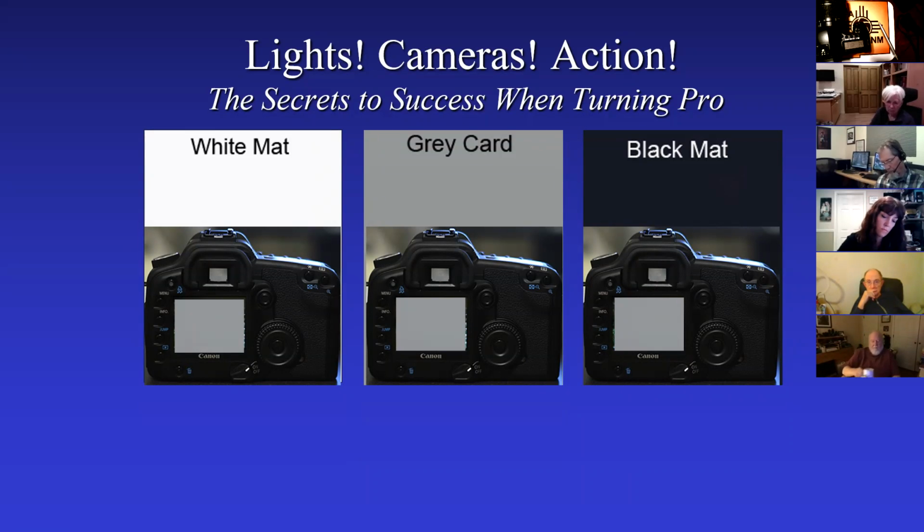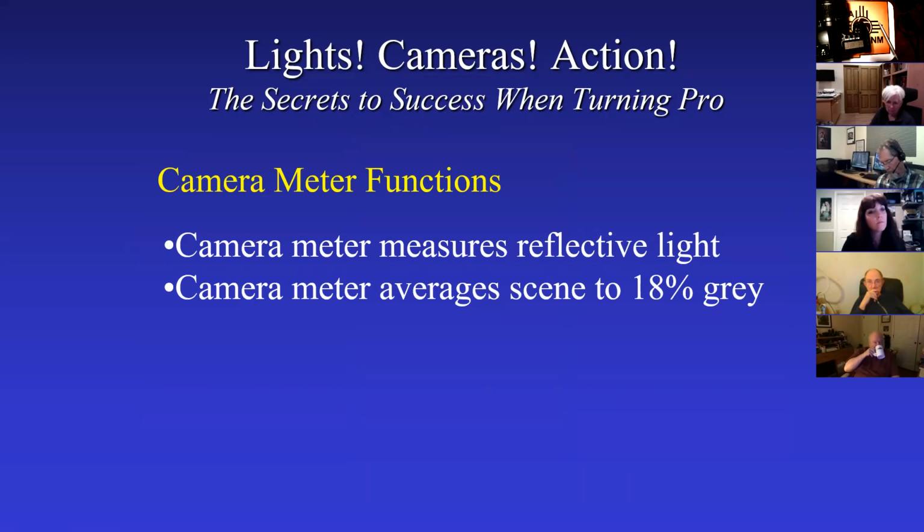That's what we want it to do, because camera meters measure reflected light reflecting off of everything in the environment. The only time that it's not measuring reflected light is when it's measuring backlight, like an illuminated sign or a neon sign or a light bulb.